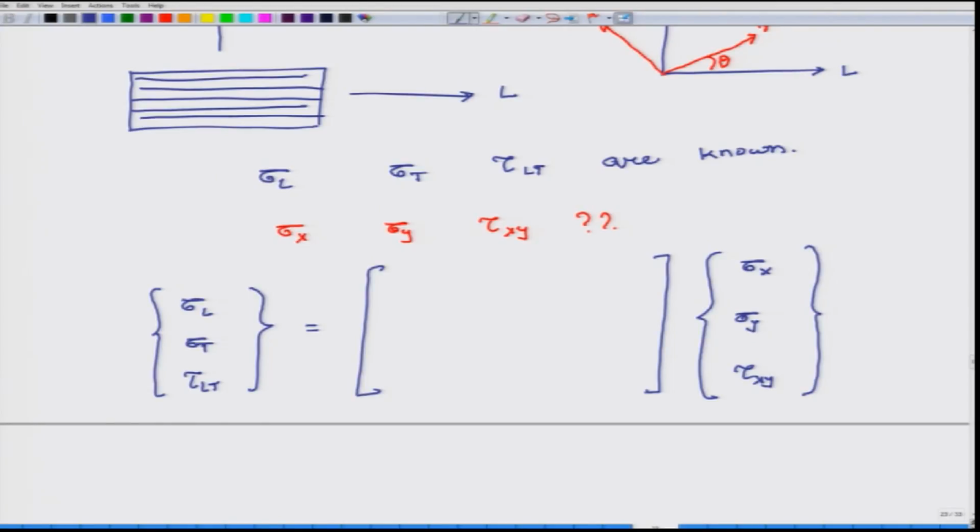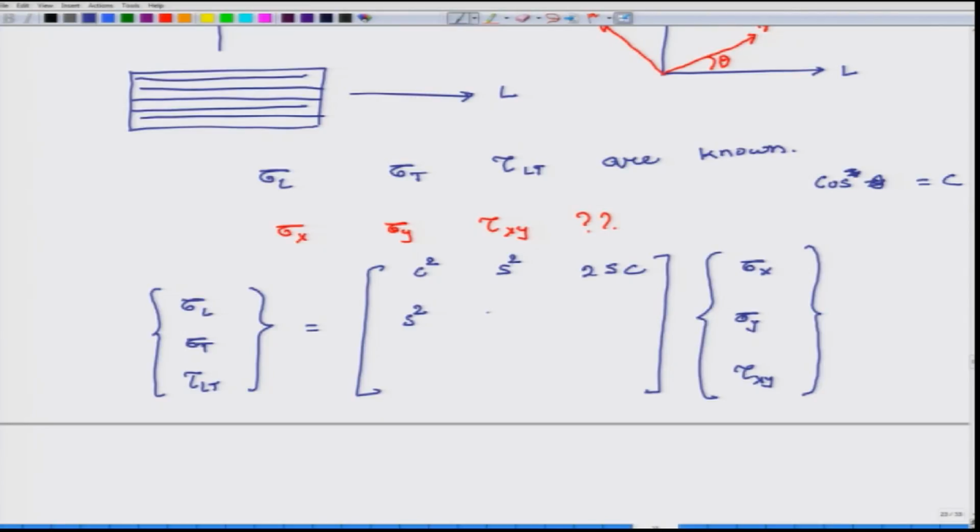It is a 3 by 3 square matrix, and the elements are cosine square theta, so cosine theta, I am just writing it as C. The second element is sine square theta, the third element is twice sine theta cosine theta.